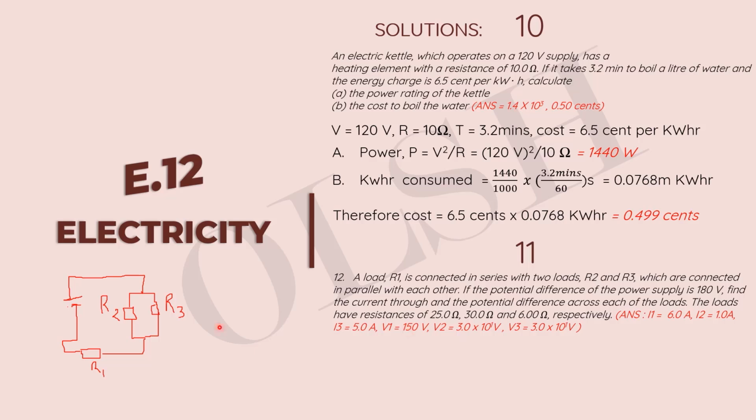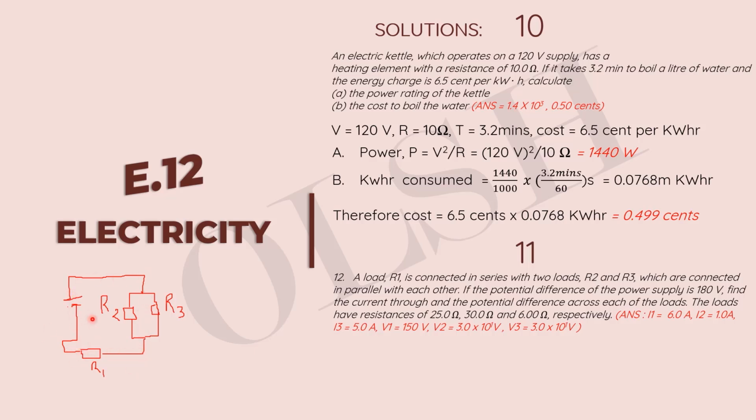We have to find the current through them and the potential difference across each of them. So I'm finding the current through R1, R2, R3, and the potential difference across R1, R2, R3. The first thing we need to do is to find the current through this circuit.